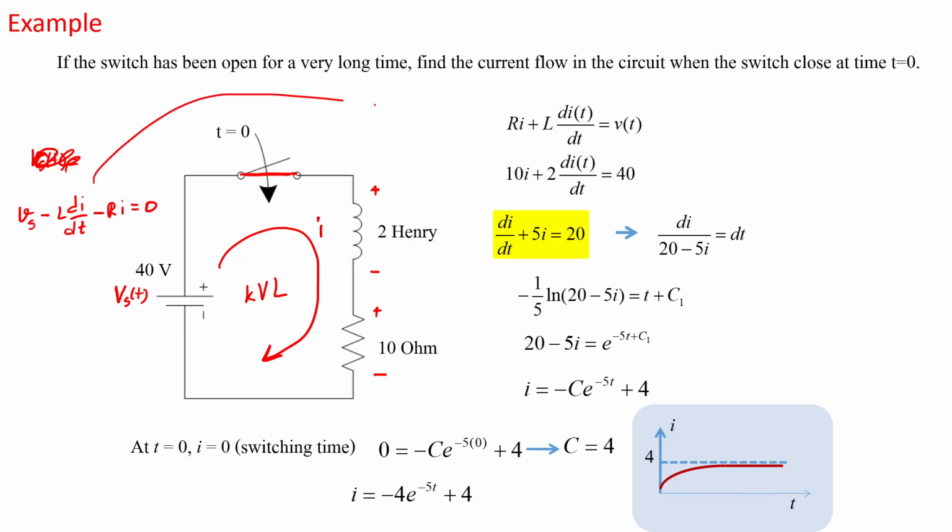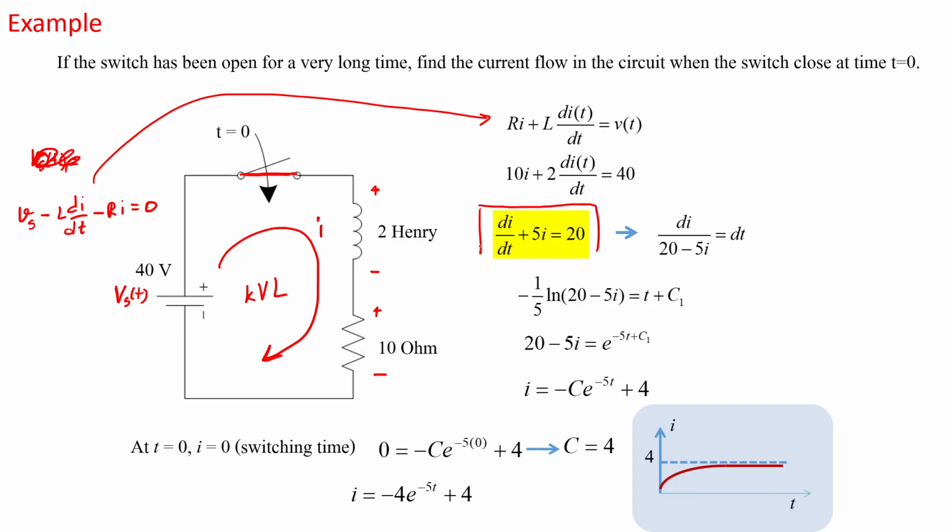So we can write down this equation, right? R is 10, L is 2, and V is just 40. We arrange this equation and we get dI by dt plus 5I equal to 20.